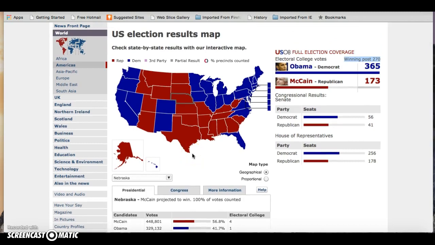You need to get enough electors to represent 270. As we can see on this map, Obama has got his blue states secured like California and New York, but he's also pulled in swing states like Florida, North Carolina, Colorado, and he has managed to get past that 270.